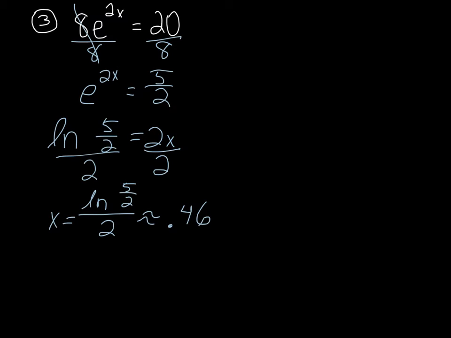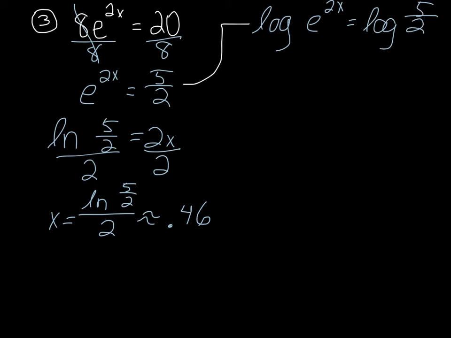Now, we could have also, from here, taken the log of both sides. So the log of e to the 2x power equals log of 5 over 2. The 2x would drop in front by the power rule.